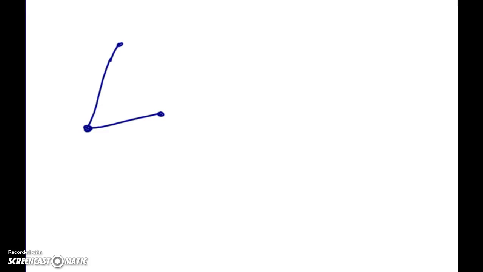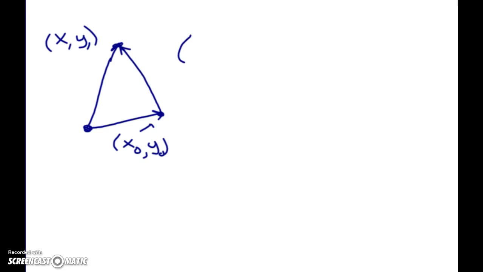Let's call that x0, y0. Let's call that x1, y1. So those are those vectors. Now how do you get from one point to the other? What do we do with the x's? Subtract them, right?